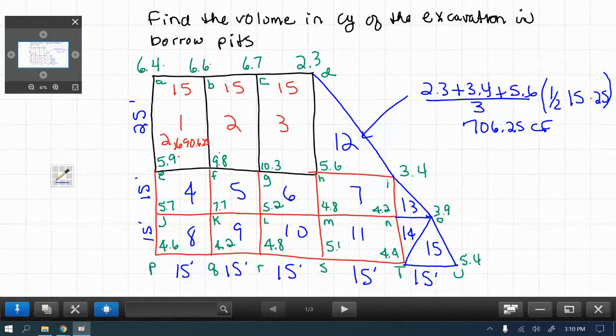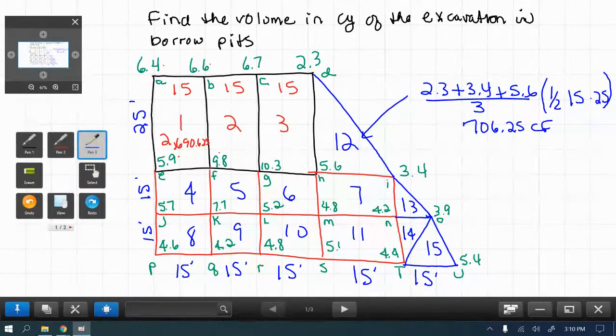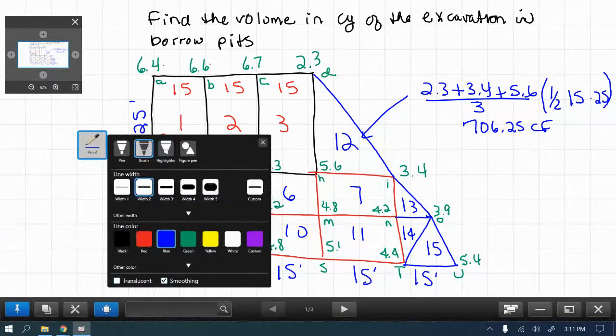And what I'm going to do is add the sum of my corner cuts up. And here's how I'm going to do them. I'm going to circle them in orange, and then I'll show you. Let's do yellow.